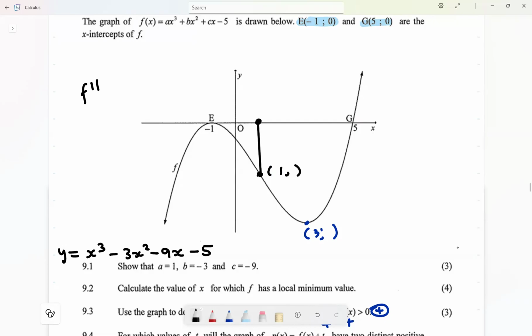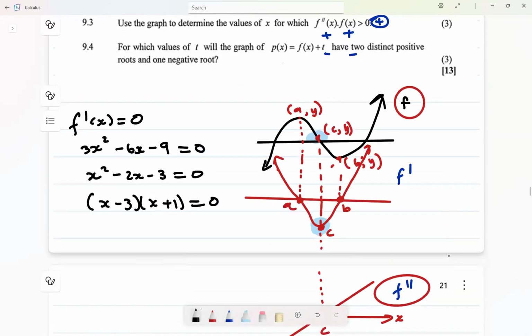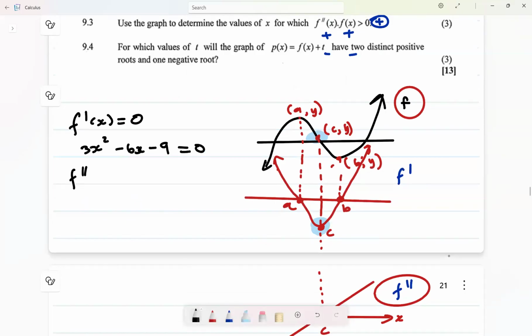But now the question is, what is the y value of that one? I mean, you can get it easily by saying, if this is f of x already, how can I get f prime prime? F prime prime is going to be, I want to show you, just 6x minus 6 is equal to, then equate it to 0.